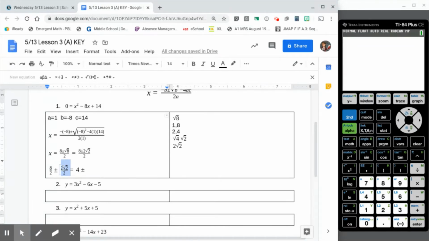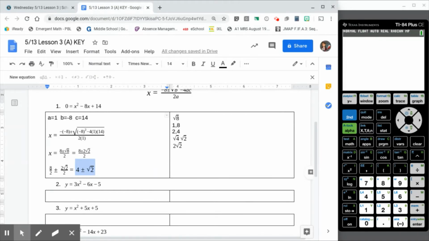So we're just looking at this 2 on the outside, 2 over 2. 2 over 2 is just 1, so I would have 1 radical 2. Now, 1 in front of something is like saying 1x. We really don't need it there. So this is just 4 plus or minus radical 2. The denominator simplified so that we don't have a denominator anymore. So this right here is our final answer: 4 plus or minus radical 2.